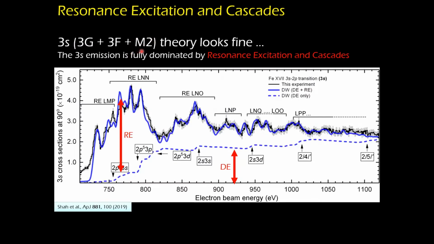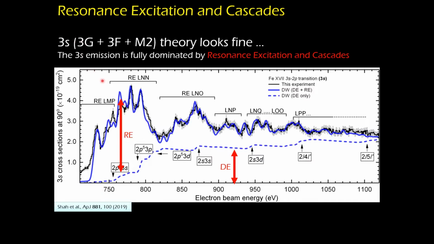We find good agreement, but one of the interesting things was that the 3S emission was fully dominated by resonant excitation and the cascades from different shells as well as from higher n shells. So it is very necessary to include those resonant excitation as well as the cascades from very high n into your model to predict those cross sections well.